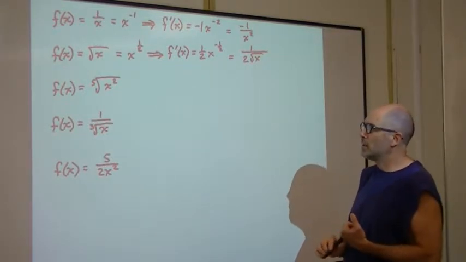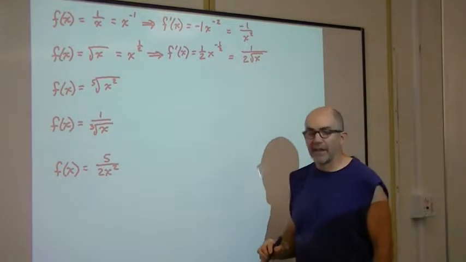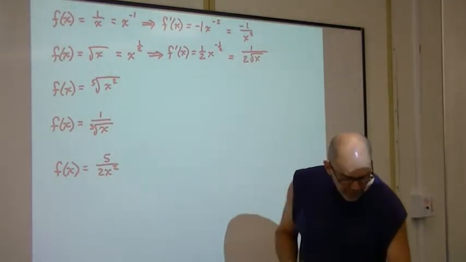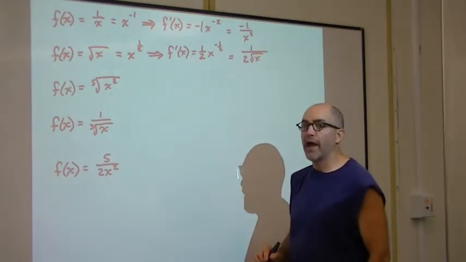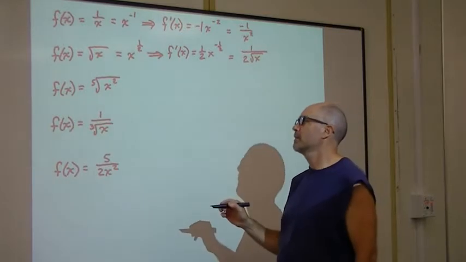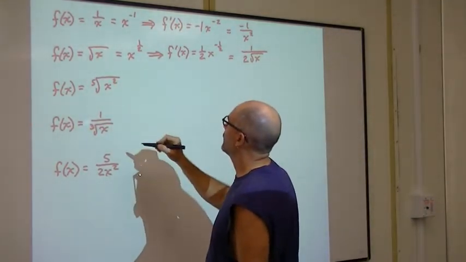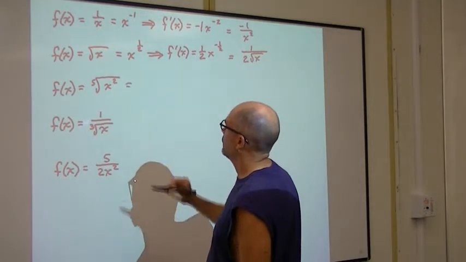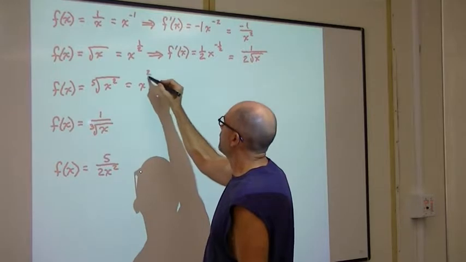All right, what about the 5th root of x squared? How do we do that? All right, all we do is change this to a fraction. So this equals x to the 2/5 power.